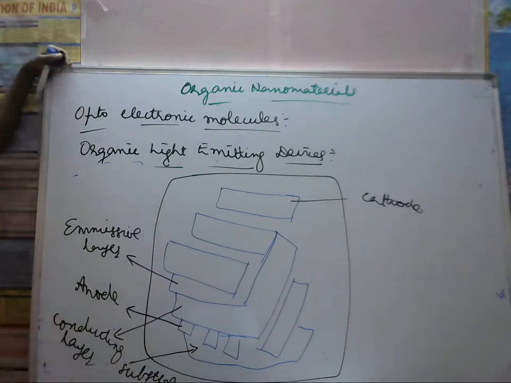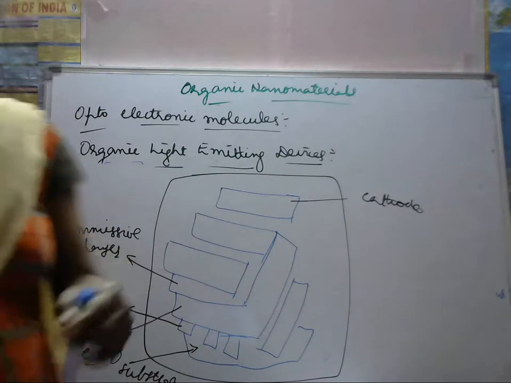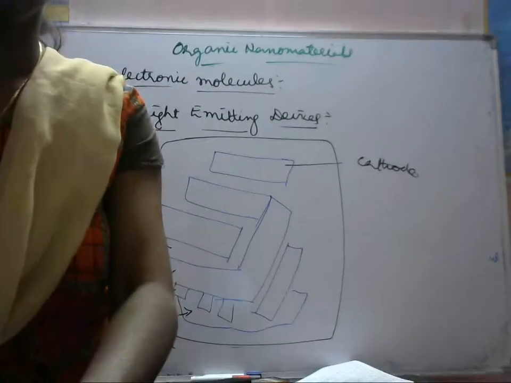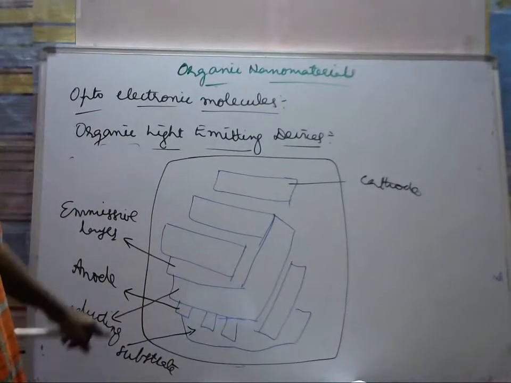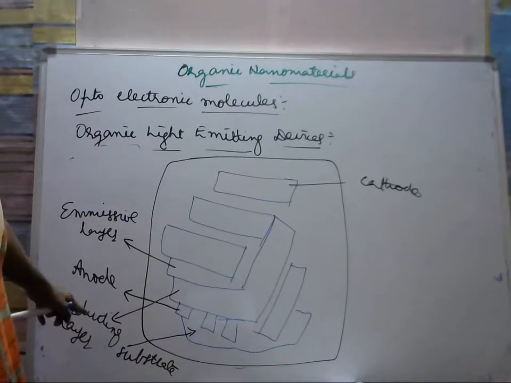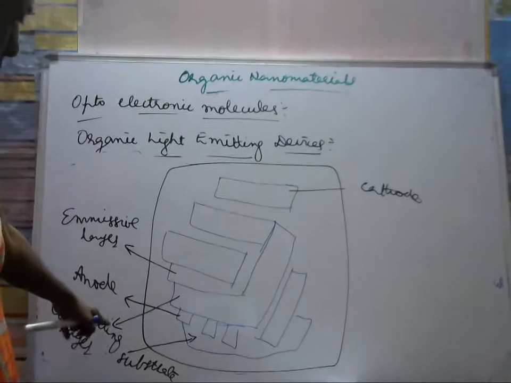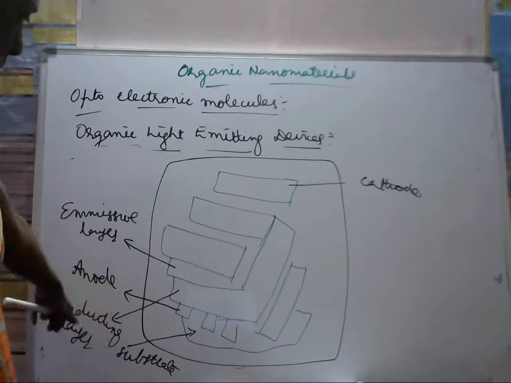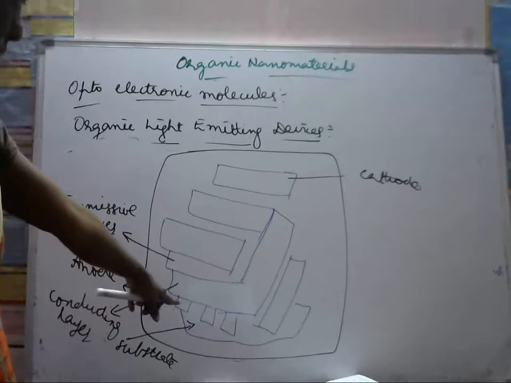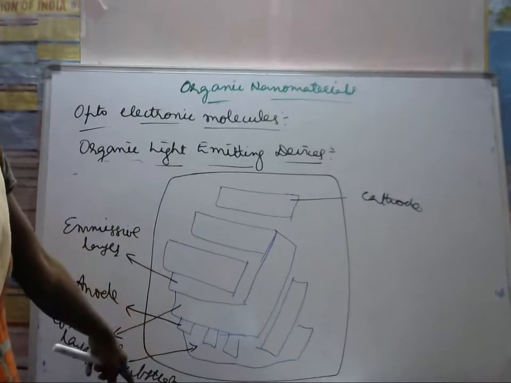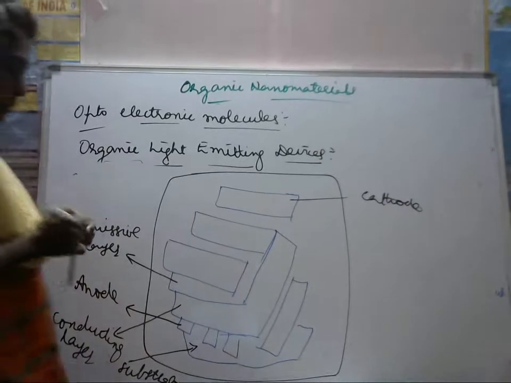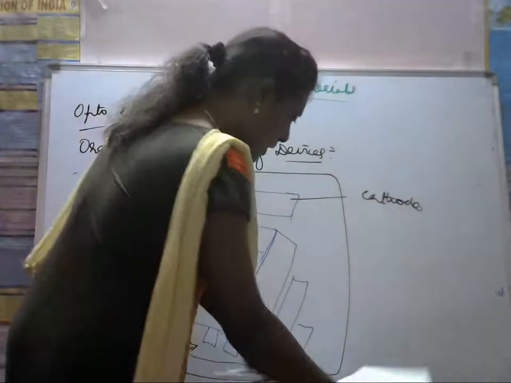So this is the conducting layer and the substrate molecules are there, the conducting layer and the anode are there. This is a substrate molecule. So this is the LEP.